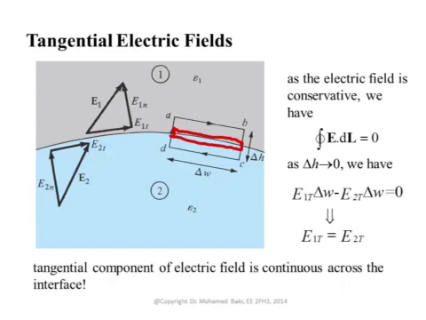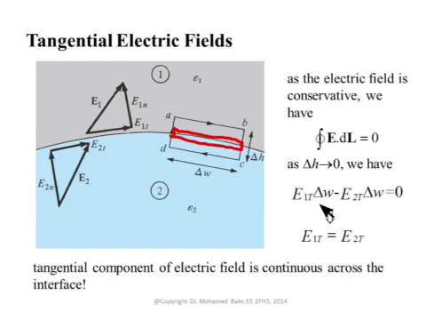We are left only with the integral over this side and the integral over this side. This one gives E1 tangential delta L, and this one gives minus E2 tangential delta L. Sorry, it's not called delta L. It's called delta W. This length here is called delta W.